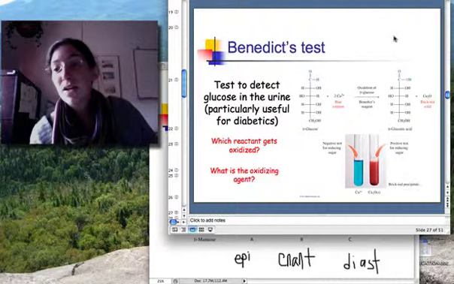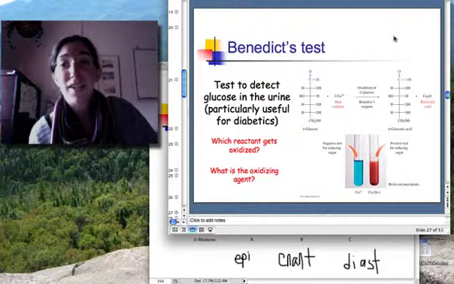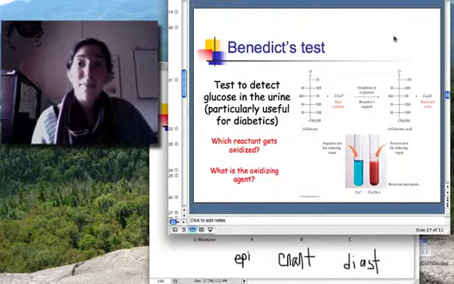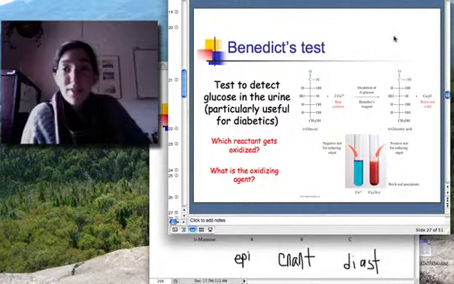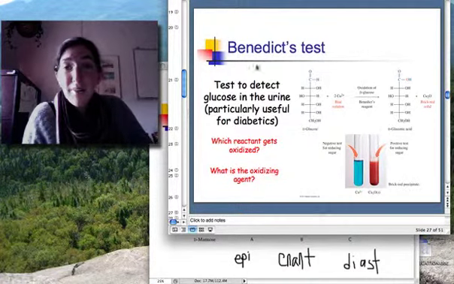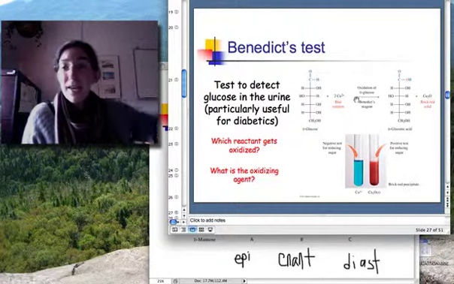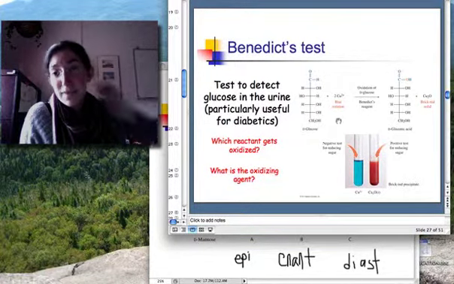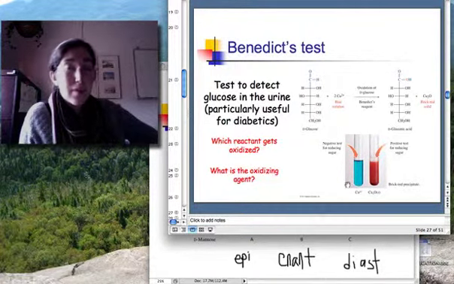So prenatal visits usually include a urine test where they test for the presence of glucose. And that test is called the Benedict's test. And it uses this reagent that's blue normally.